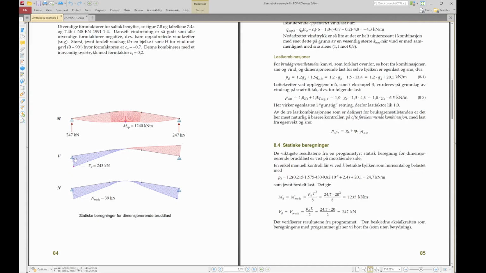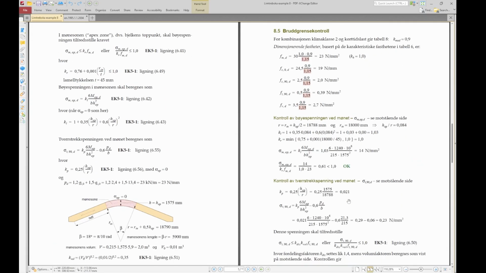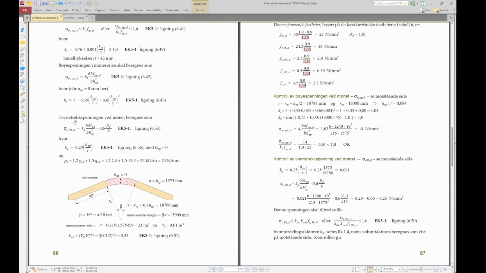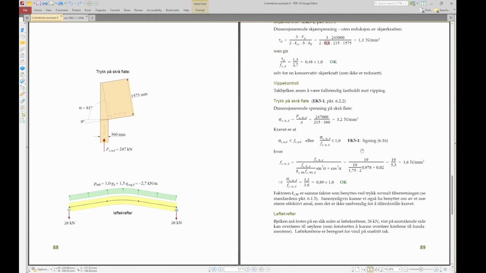This should actually be here as the supports. Calculations on the right side again. The special checks as for the tension in the apex, which is done here, the calculation.